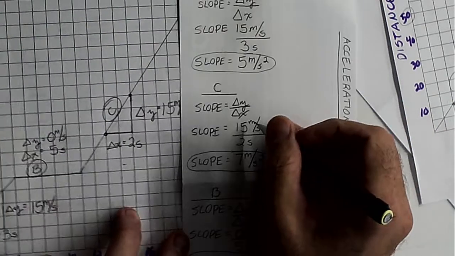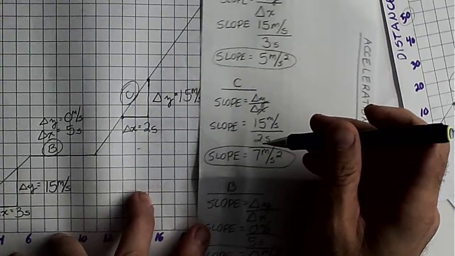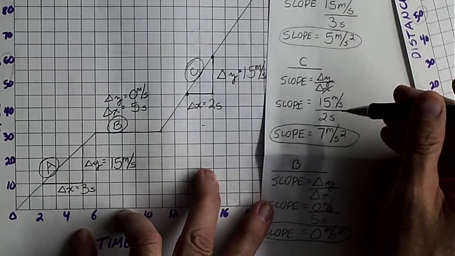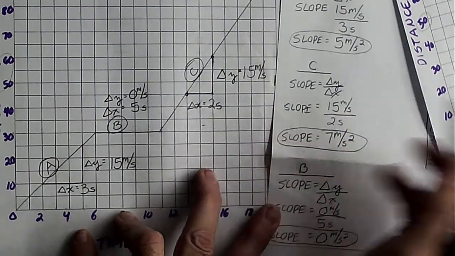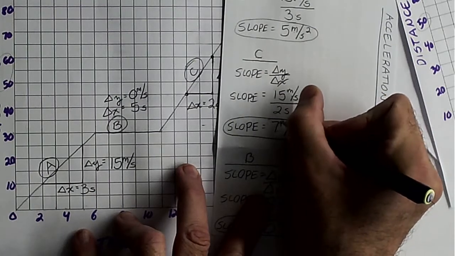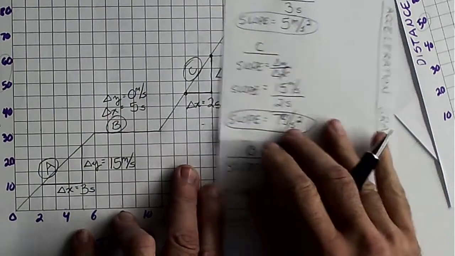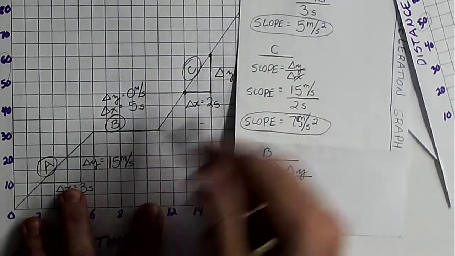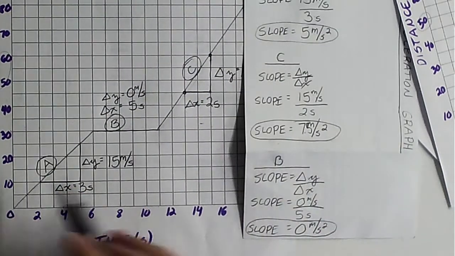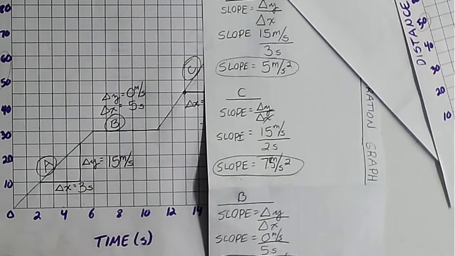The change of y is 15 meters per second, and you can count it if you want, but 15 meters per second over 2 seconds, okay, 7.5 meters per second squared. The steeper the slope, the higher the acceleration, right? A was 5 meters per second squared, and C is 7.5 meters per second squared, okay?